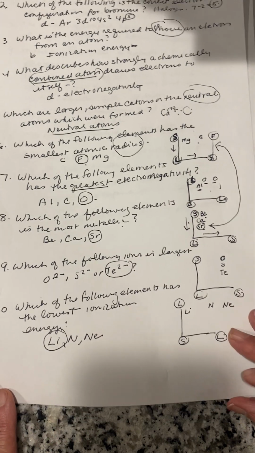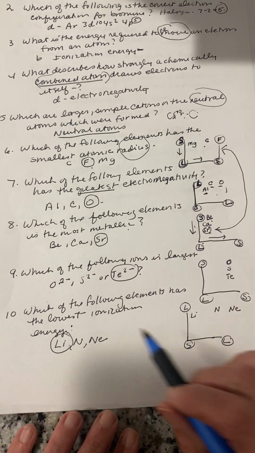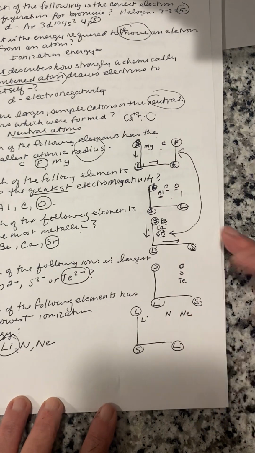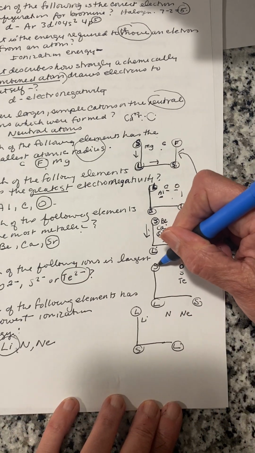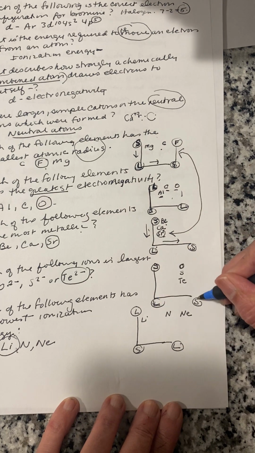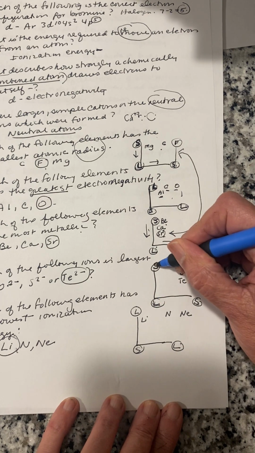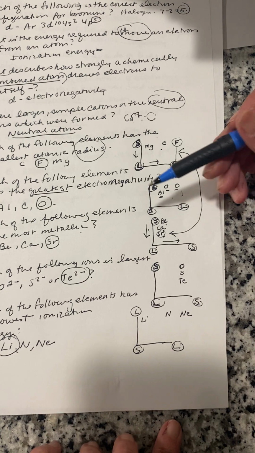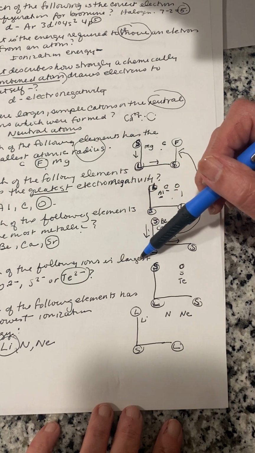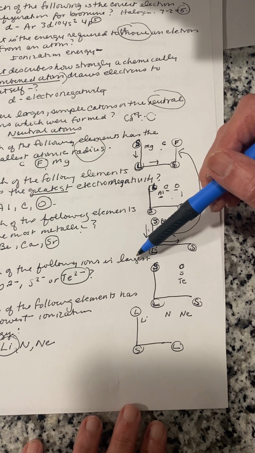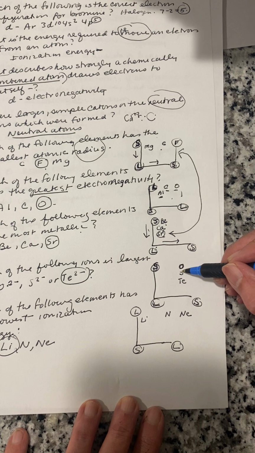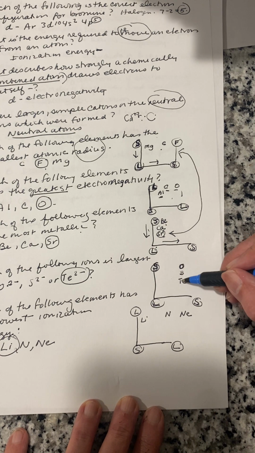So let's go on to number 9. Which of the following ions is the largest? So we go back to the largest. So largest goes from small to large to small, right? I always put this here to know which one I'm doing, because one of them's opposite from the other, right? But we're going to find how largest, that means how big their radius is, right? So I put oxygen at the top, and then sulfur, and then Te.